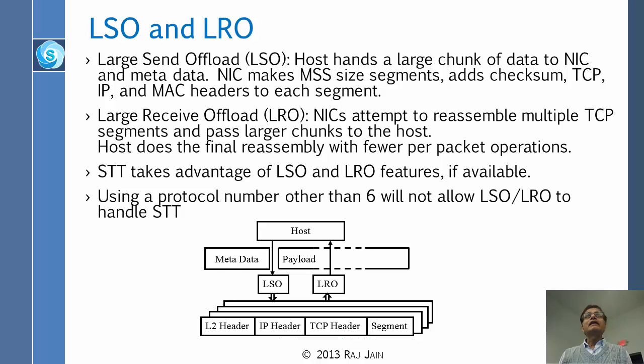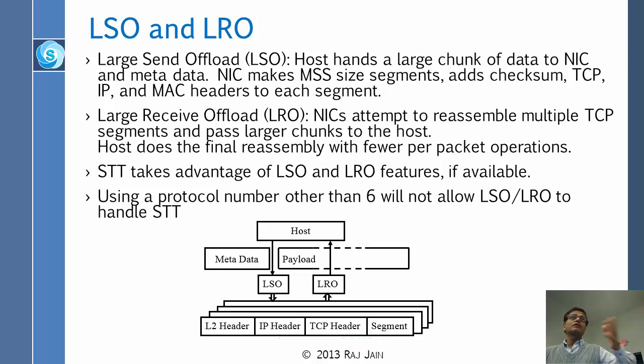Therefore, they are arguing that we use that hardware and we can do it much faster than if we did UDP. Those devices are called LSO or LRO. LSO is large send offload.